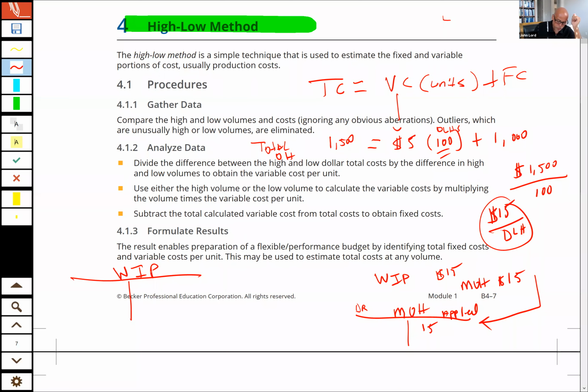Okay, we have work in process, right? We just debited work in process. What goes into work in process? Manufacturing overhead. And then that goes out to finished goods. Is it the raw materials?